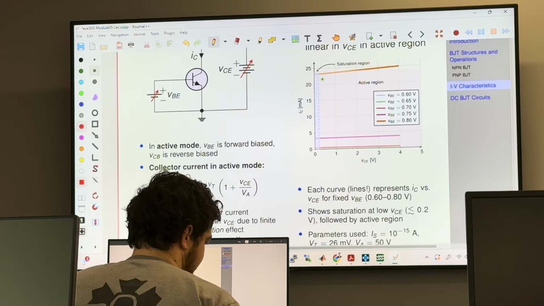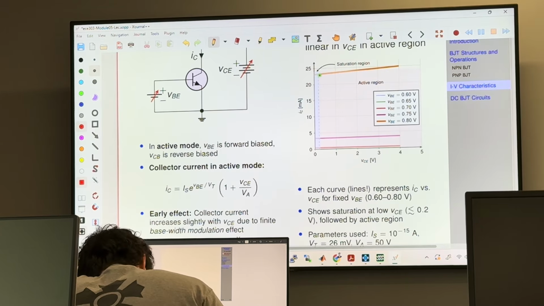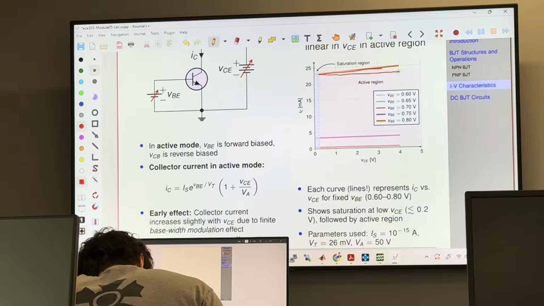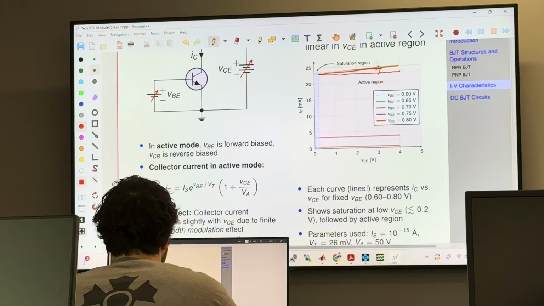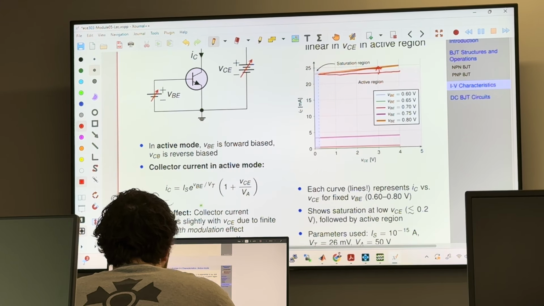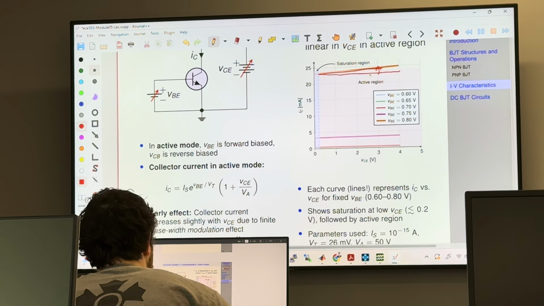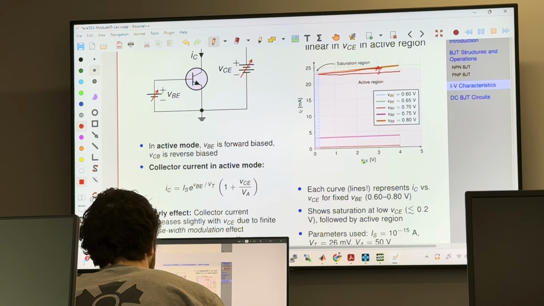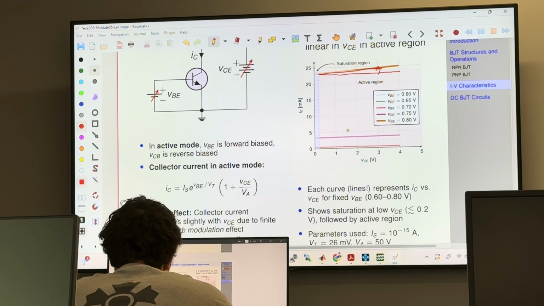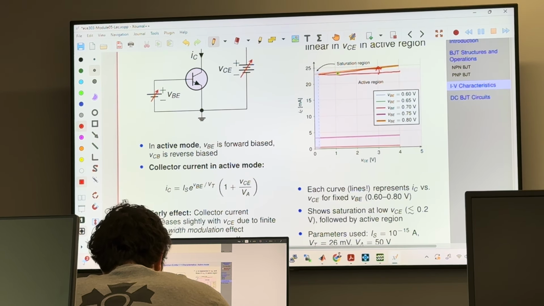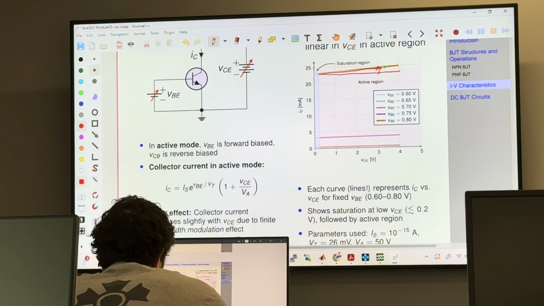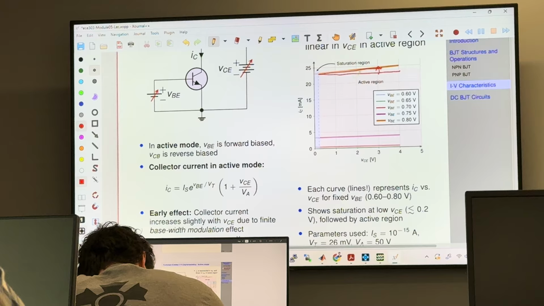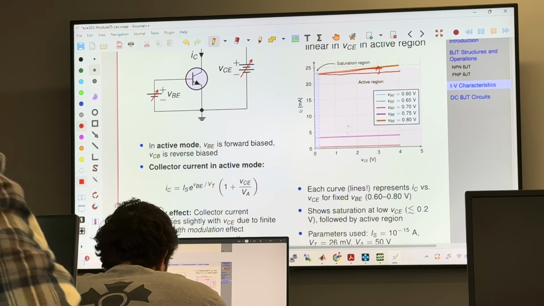Now, as you can see here, it's not flat like that. There is an angle here. There is a reason. This is called early effect, that this collector current still varies when it is in active mode. Collector current is going to vary kind of linearly, not exactly linear, but a very small, kind of resistive response.